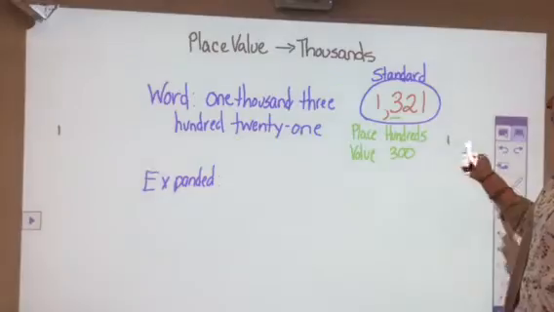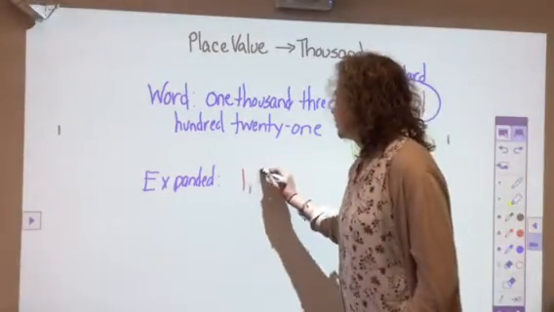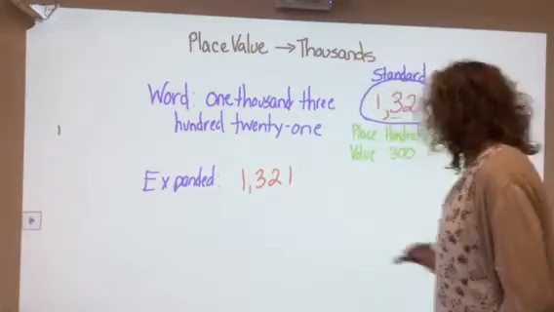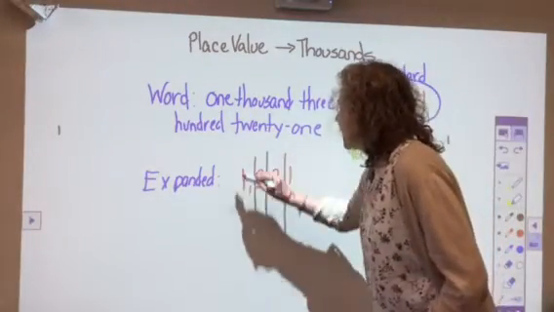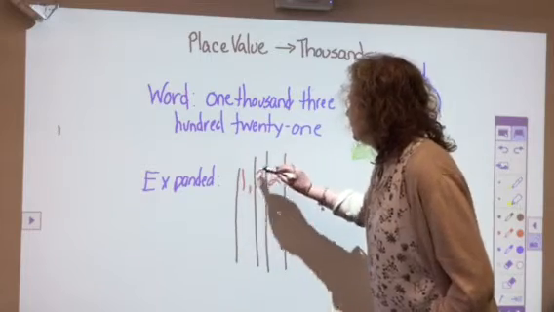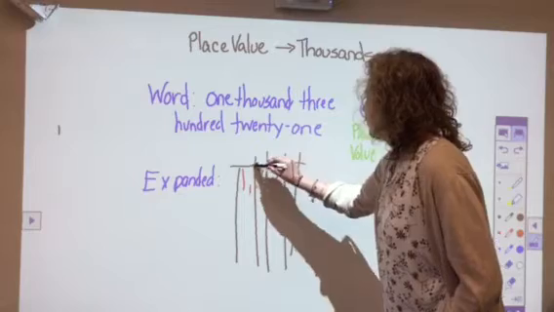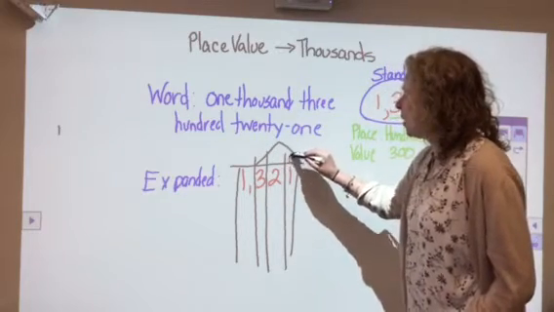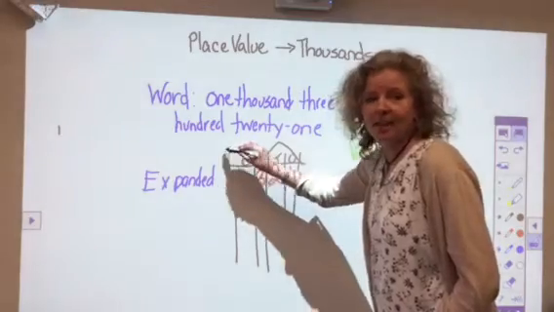Now, expanded form. I know you saw this in 3rd grade as well. What I like to do for expanded form is I like to put that back in those houses that I was telling you about. Here's the place value house that we've got going. Ones, tens, hundreds, ones, tens, hundreds.